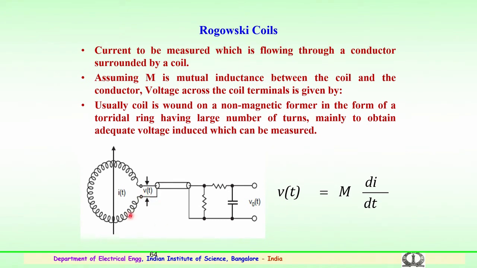You can see the toroidal ring having a large number of turns wound on it, mainly to obtain adequate voltage which is induced because of the current passing in the conductor, which can be measured.